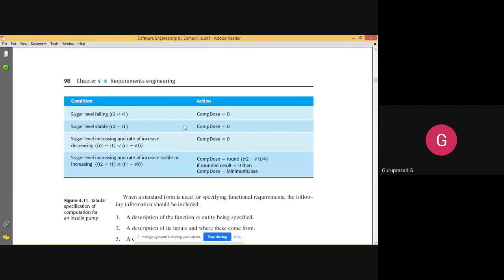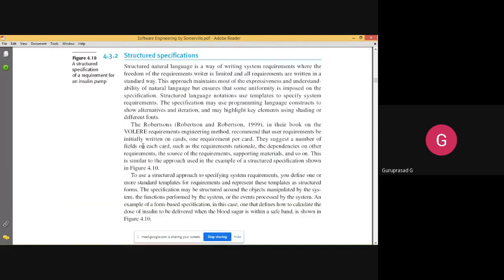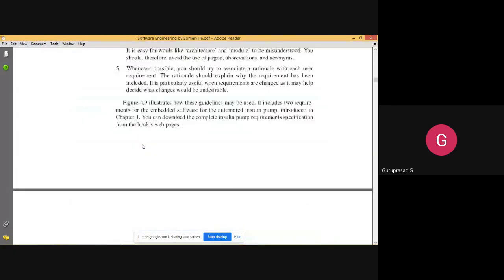It will give you a better representation of the requirement. Immediately by looking at the table, you can analyze the requirements. But the only thing is the level of understandability. A common user may not understand this table, but a common user will understand the first one, the natural language specification.